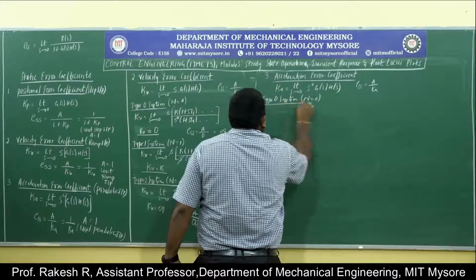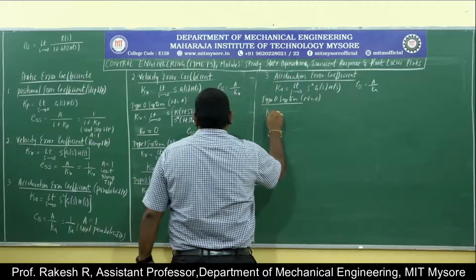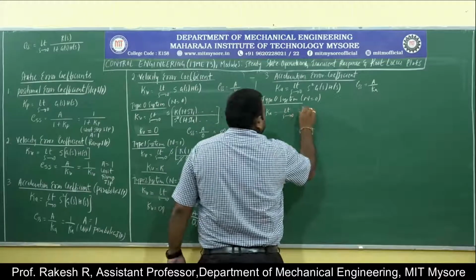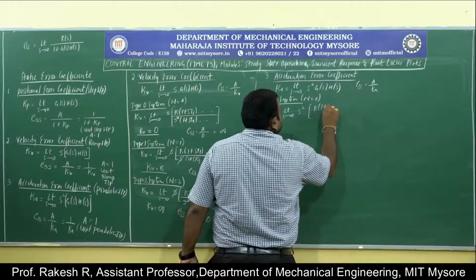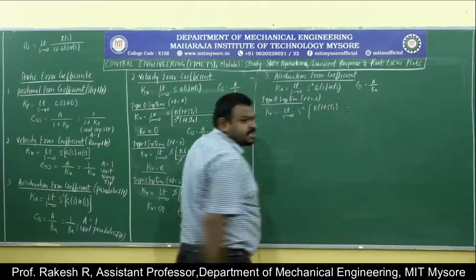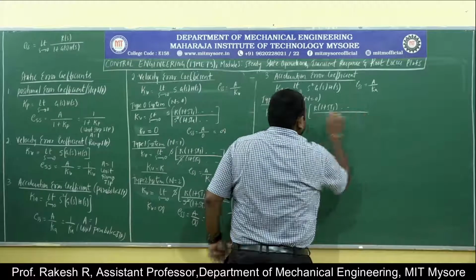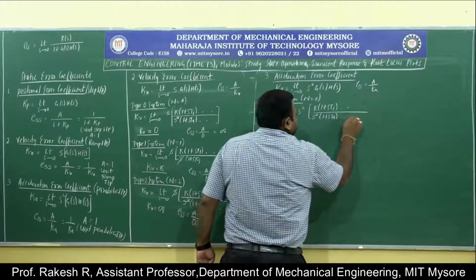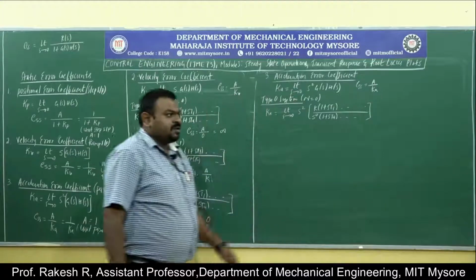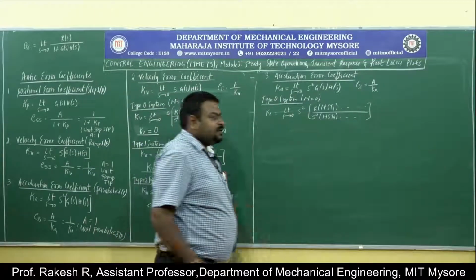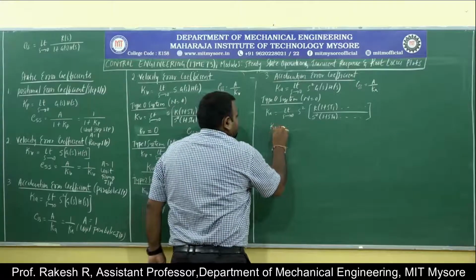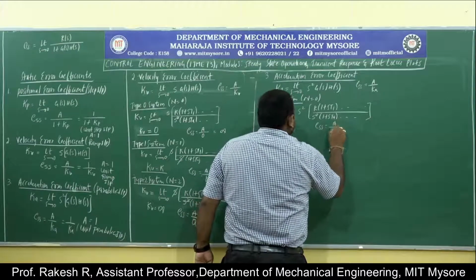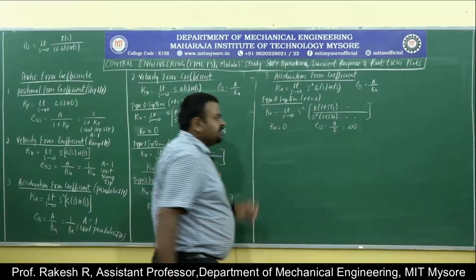If n is equal to 0, Ka will be equal to limit of s tends to 0, s square into K into (1 plus sT1), (1 plus sT2), etc. divided by s to the power of 0, (1 plus sTa), (1 plus sTb), etc. Since there is an s square, if s is equal to 0, this Ka will be equal to 0. What is the steady state error? A divided by 0, it is infinite.